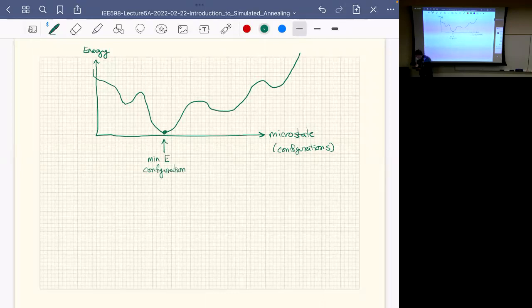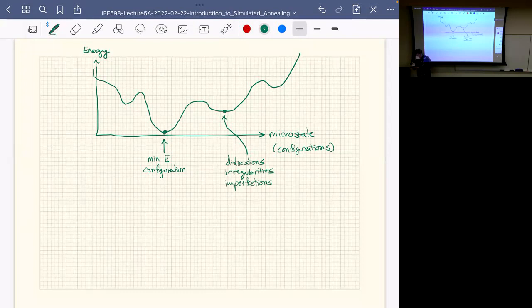But there are also these kind of traps, where, relative to the minimum energy configuration, there's going to be some dislocations. There might be some irregularities, imperfections, and so on.